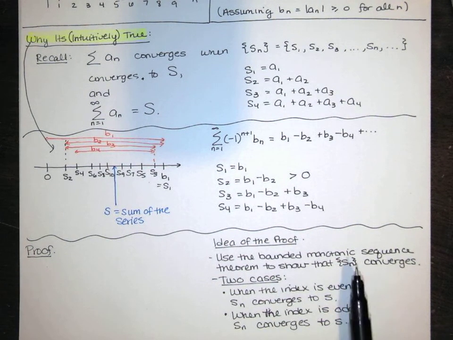We're going to use the bounded monotonic sequence theorem to show that when the index is even, the sequence of partial sums converges to some number. We're going to call that S. Then after we do that, we're going to use the fact that we derived to show us that when the index is odd, the sequence also converges to S. So if the sequence of partial sums converges to S when n is even, and it converges to S when n is odd, we put those two pieces together, and that means it converges to S in general.